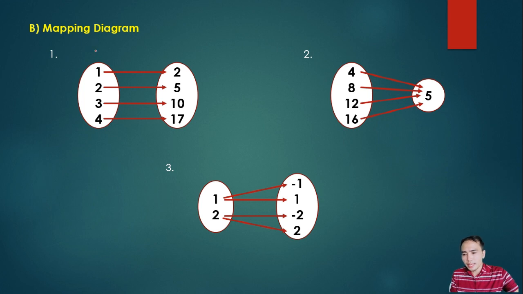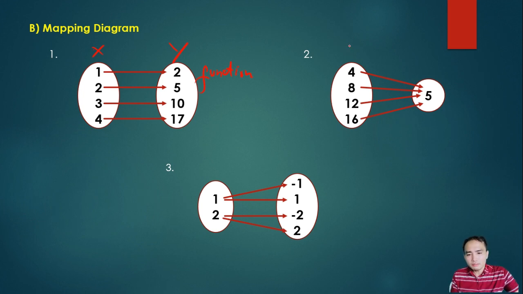So we have here the domain or our input or x, and then y values natin. 1 is paired with 2, 2 is paired with 5, 3 is paired with 10, and 4 is paired with 17. So sa bawat input natin, meron tayong iba't ibang output. So ibig sabihin, this is one-to-one relation, and definitely this is an example of a function.